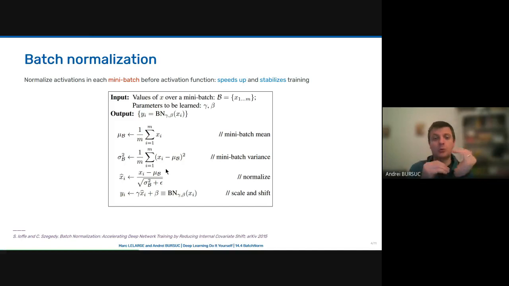And now we have 2 learnable parameters, gamma and beta, which do a scaling and a shifting of our activations. So you might wonder why do this even further, since we already have normalized. This is actually to enable more expressivity in our representation.